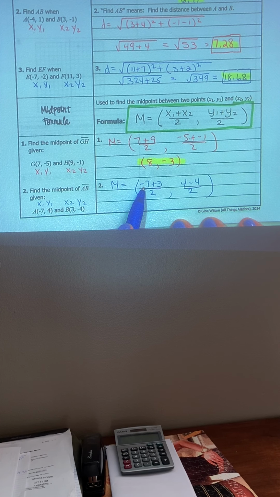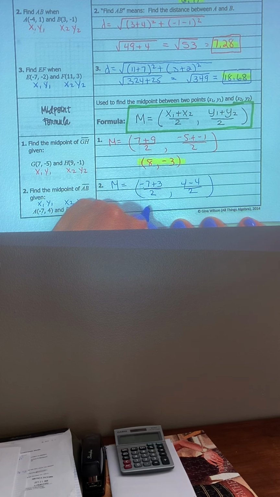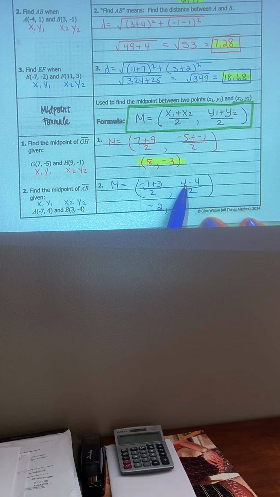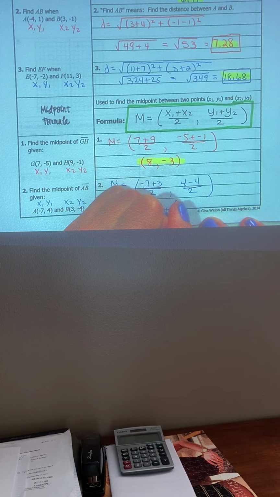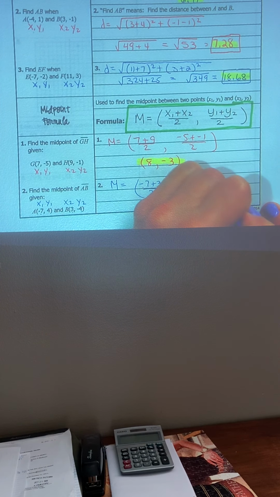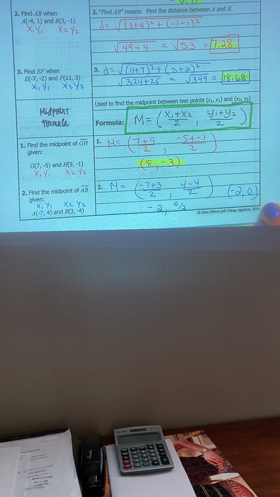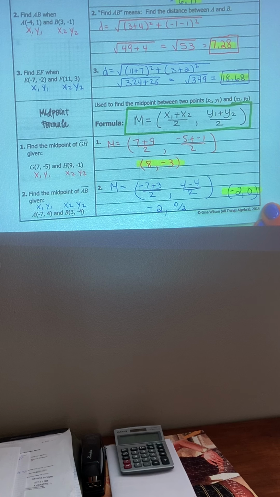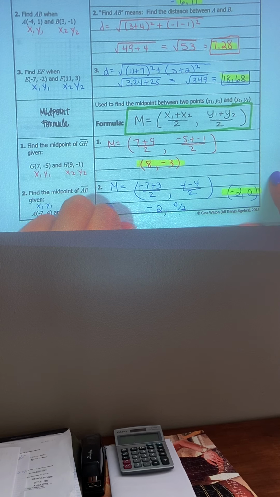Negative 7 plus 3 is negative 4. Negative 4 over 2 is negative 2. Here, this is 0. 0 over 2, you can't leave it like that. So my final answer is negative 2 and 0. You cannot leave it as 0 over 2. Okay? So let's practice a couple problems on the next page.